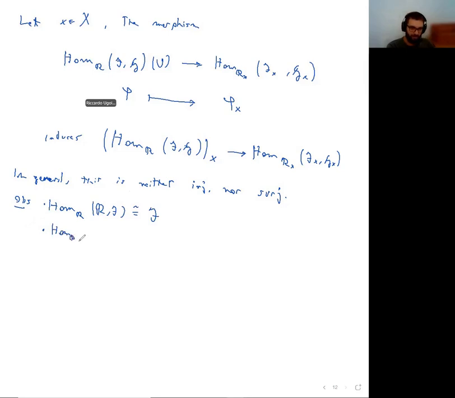We also have, okay, I'm going to start skipping the R here, that the Hom from a sum is the sum of the homomorphisms. And the same is true for the other factor.